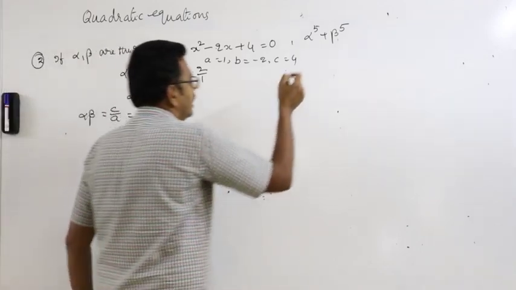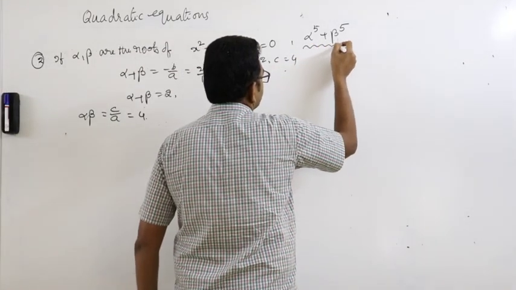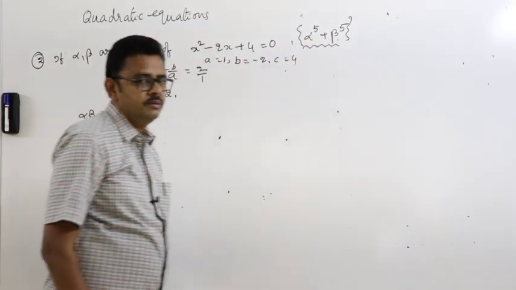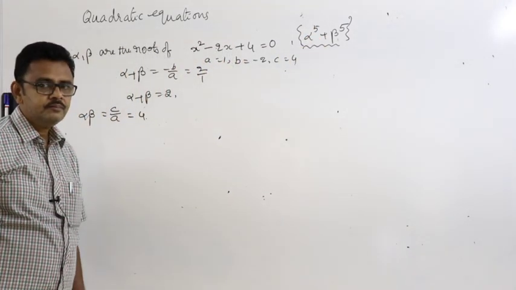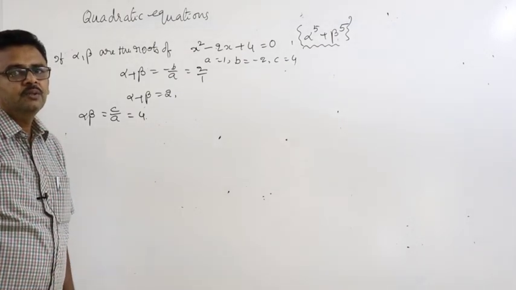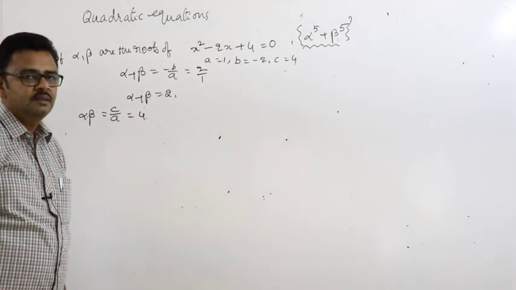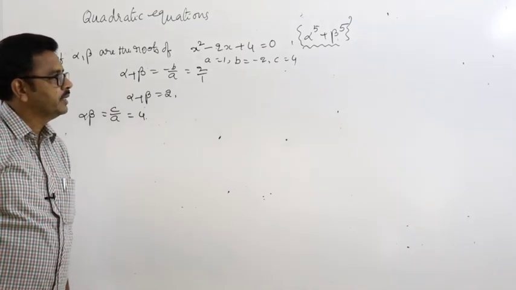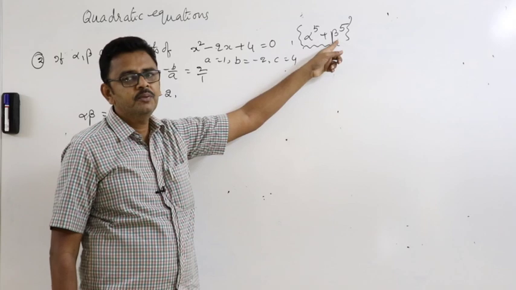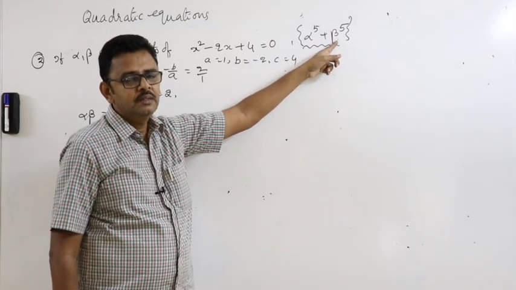See, alpha power 5 plus beta power 5, how to solve this one? You think how to solve it? Once you go back to the previous class, in algebraic identities, I already discussed alpha power 5 plus beta power 5.